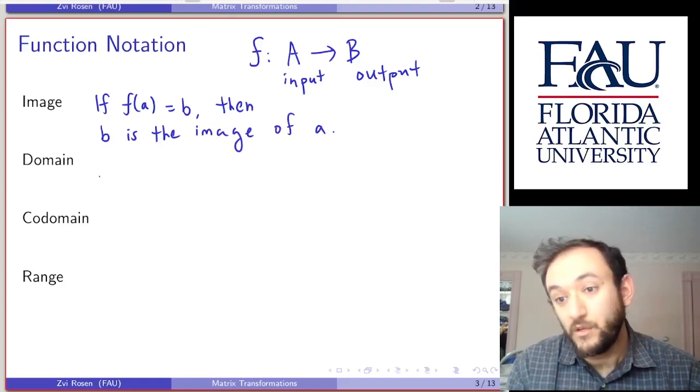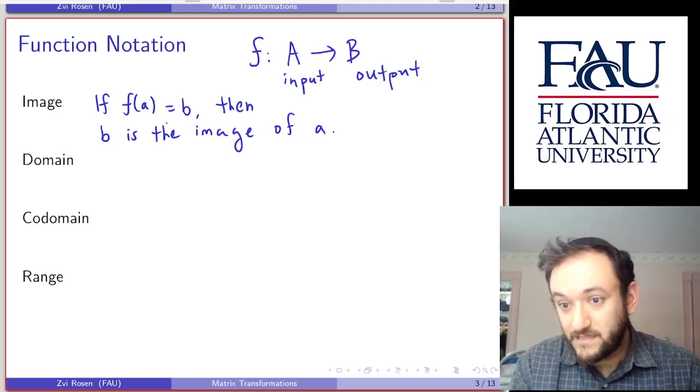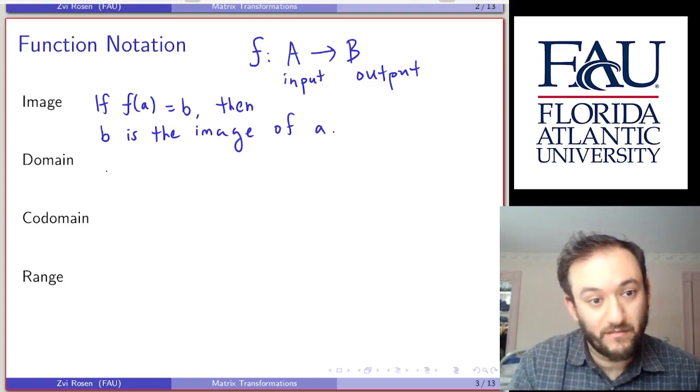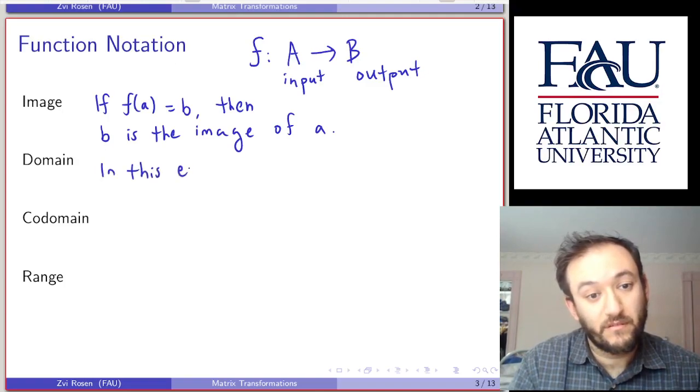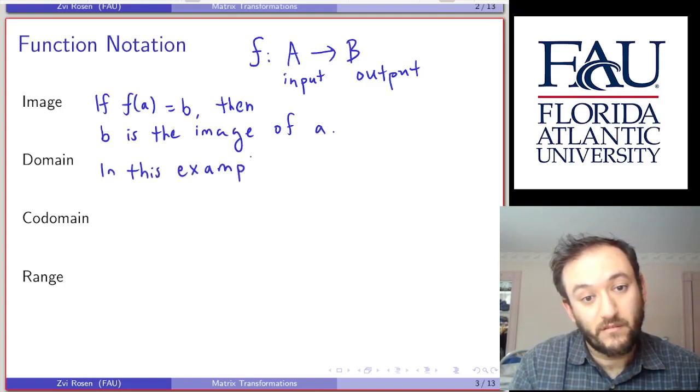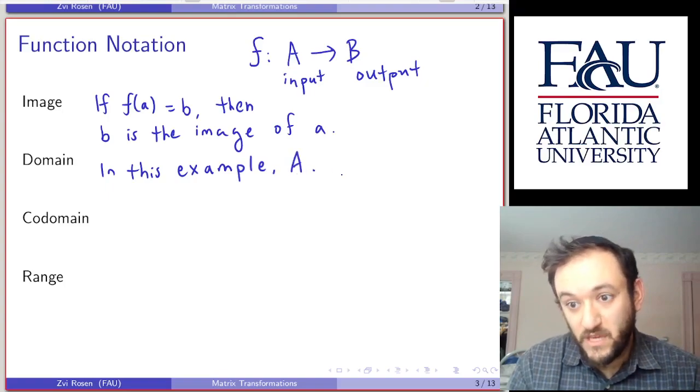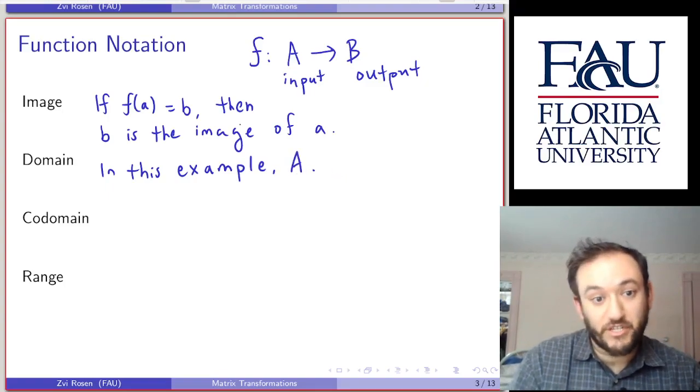Okay? Domain, in this context, it describes A. Generally speaking, it's the set of inputs for the function.